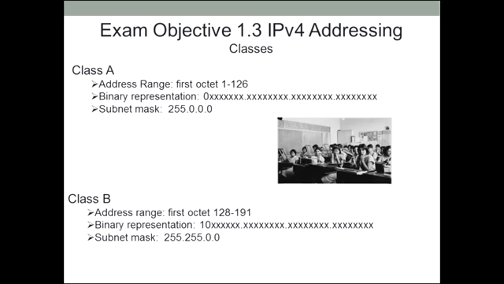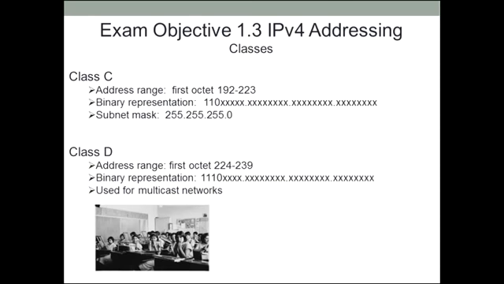And that means that you had 2 to the 16th power networks available, and each of those networks had 2 to the 16th power of network nodes that were available. And actually, that's kind of a misnomer. They had 2 to the 16th power minus 2 nodes available. If you get into advanced addressing schemes, that'll become a little bit more apparent. And actually, I think Network Plus does cover that in some of their stuff.